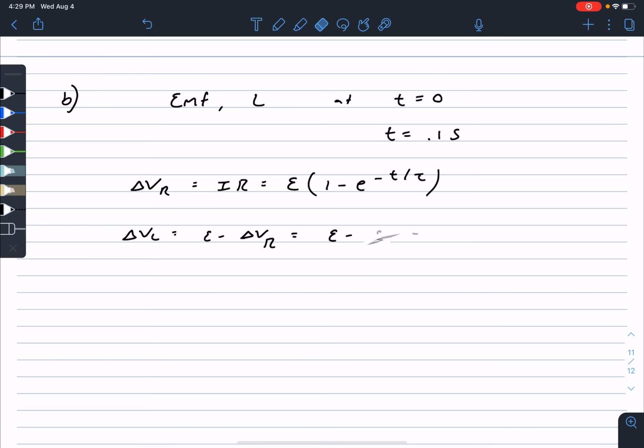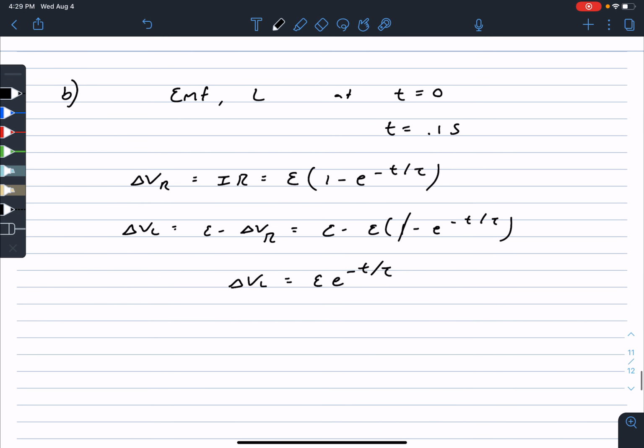Sorry, I made a mistake. It's E times 1 minus e to the negative t over tau. That's what it is. Then this term will cancel, this one will go positive, and we'll still be left with the EMF times e to the negative t over tau. This is going to be V_L. So really all we have to do is take this and plug in the values for t.